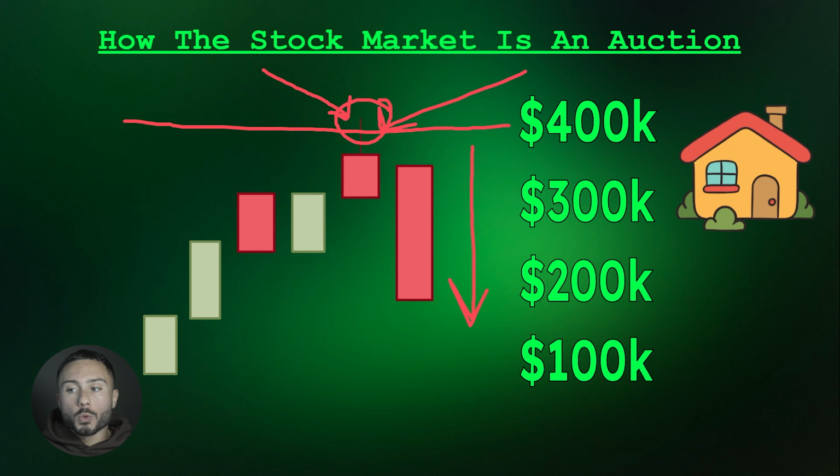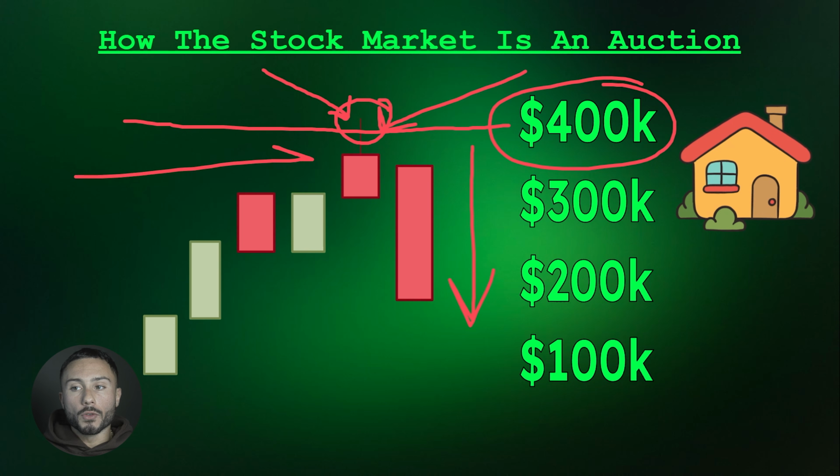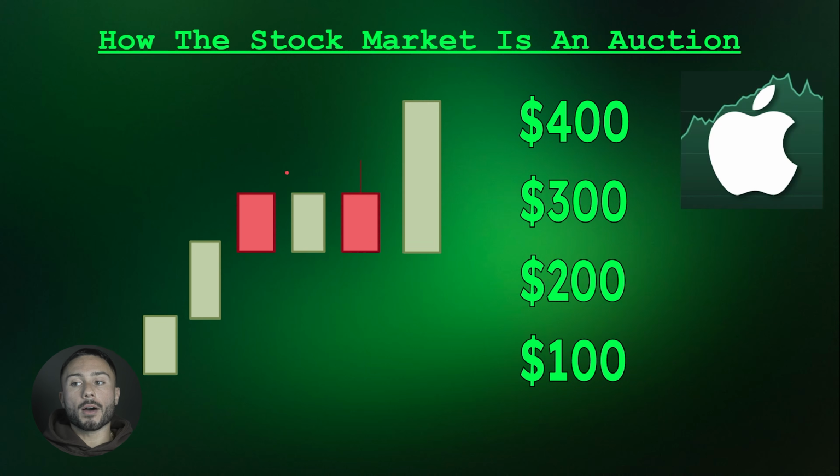Because I'm forced to lower my prices, this is going to show up in the market as prices coming down, because no buyer was willing to buy at the $400,000 I was offering. So you see how we can relate the stock market and how candles actually move to orders facilitating trade, and how candles represent how other participants are feeling about prices.